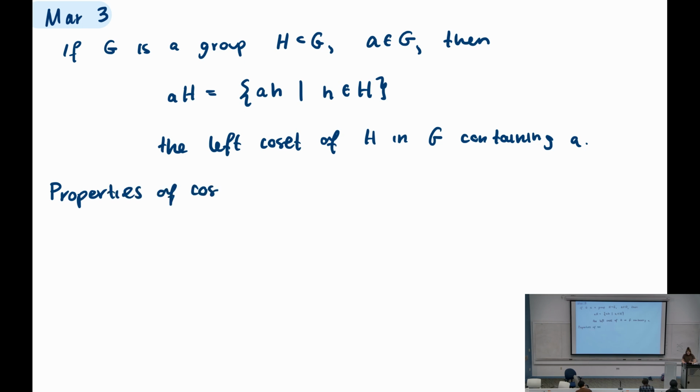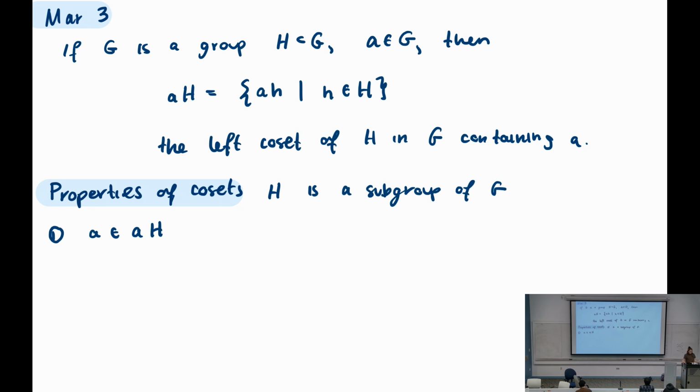We already proved the first property, which is that an element A is contained in AH, when H is a subgroup of G. That's because the identity element is in H, and so A times the identity is in AH.